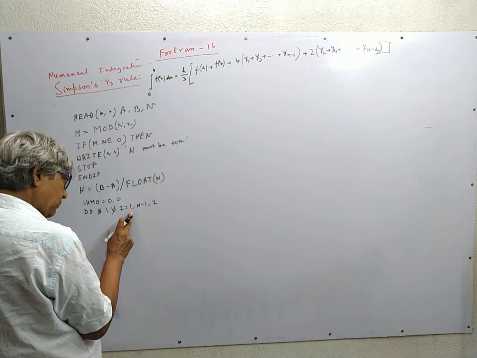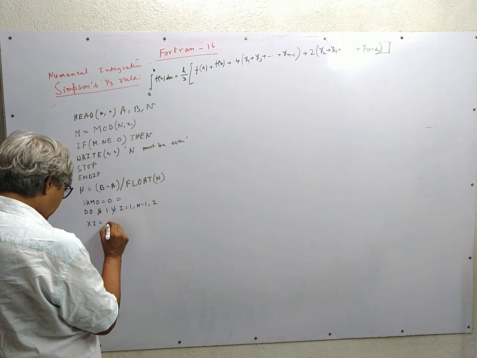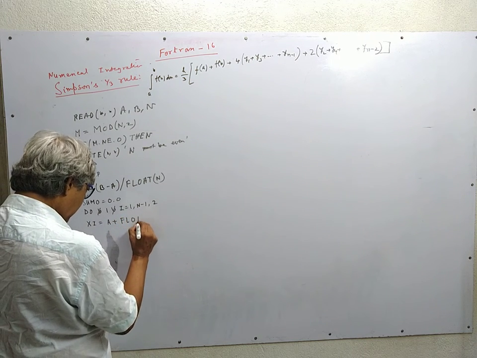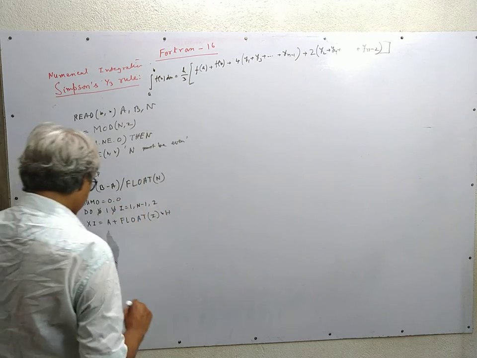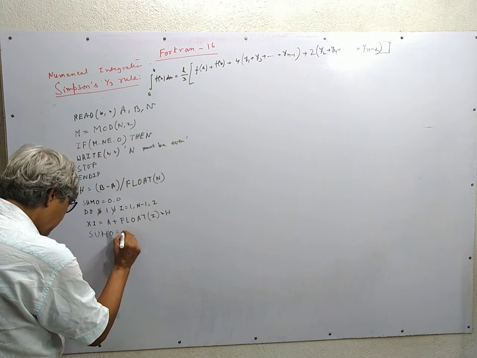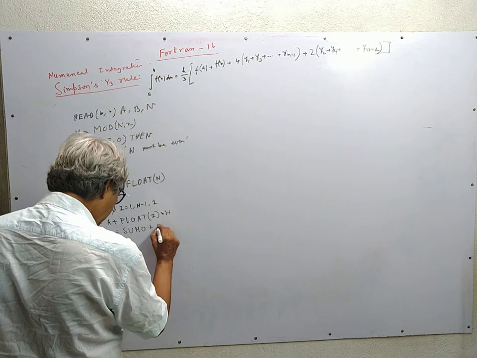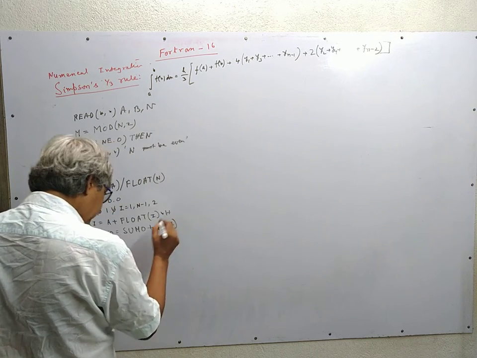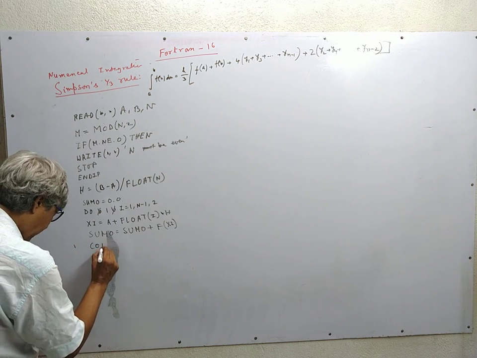So the first value will be 1, then 3, then 5 and so on. xi is equal to a plus float I star h. h is defined earlier. Then sum odd is sum odd plus f of xi, where the function has to be defined, as we have done in the case of trapezoid. So continue.